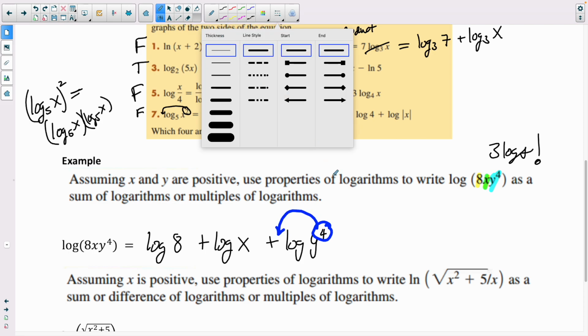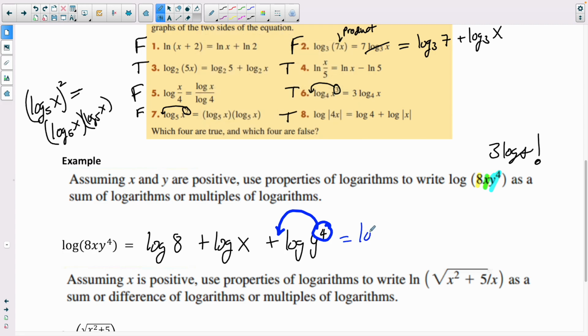And so my final answer is log of 8 plus log of x plus 4 log y. And so a couple things to notice. None of these have exponents, and there are no products inside.